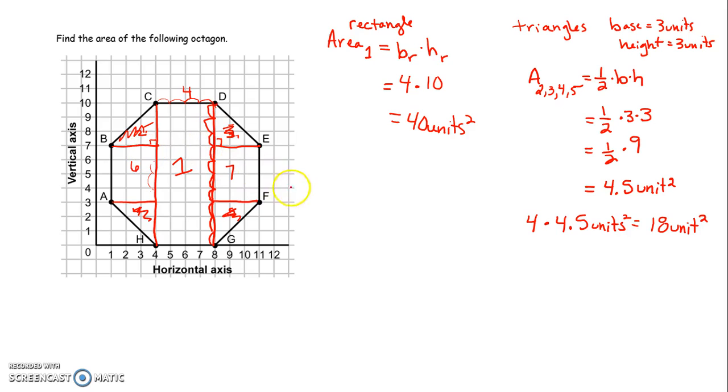So if I want to find my areas for figure 6 and figure 7, those are both rectangles. The base of each of those rectangles is 3 units, and the height is 1, 2, 3, 4 units.